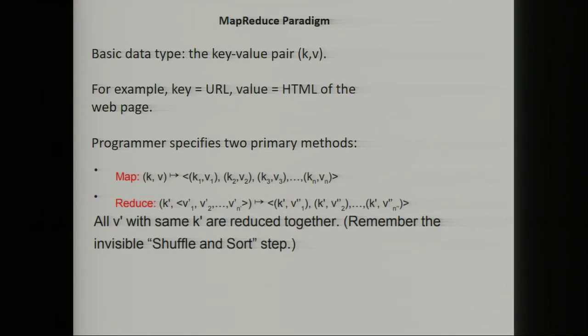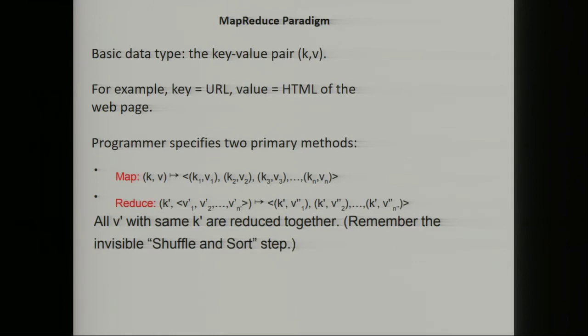Whatever the input file data is, we fetch it in the map. Then we have K dash, V dash 1, K dash, V dash 2. So the output will be in this format, a particular key and its value. That is what the reduce will be performing.